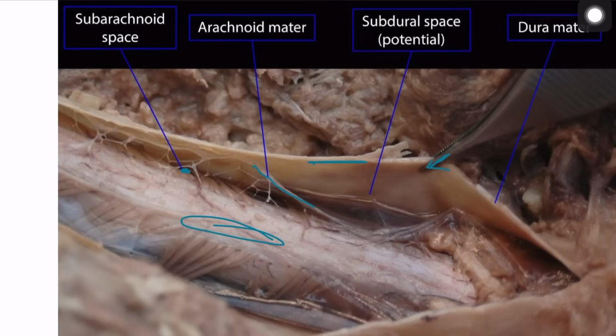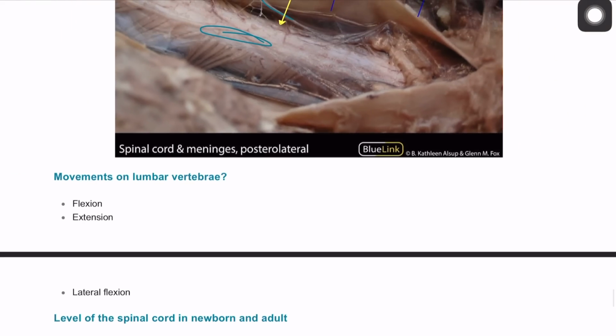So if this is a needle in there, the target is to go to the epidural space, dura mater, and then subdural space, arachnoid mater, and subarachnoid space. That's your target at the end. I didn't show you yet the ligamentum flavum. I'm sure it's coming at some point.